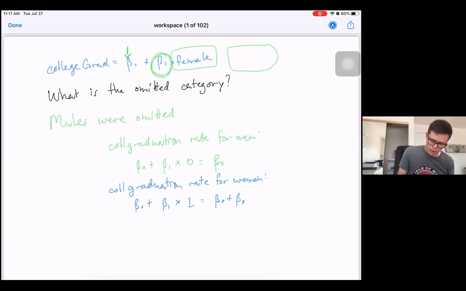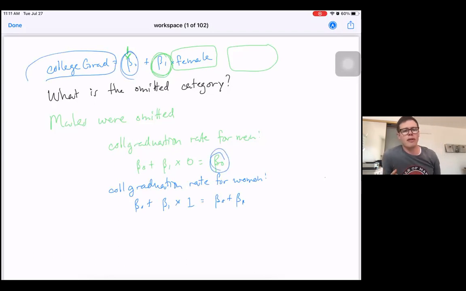So one thing that you'll notice is that whenever you have an omitted category, men or blacks or whites or Hispanics or females or non-smokers or whatever it is, the average outcome variable for the omitted category is always just the intercept. That's always who is described by the intercept, the omitted category.